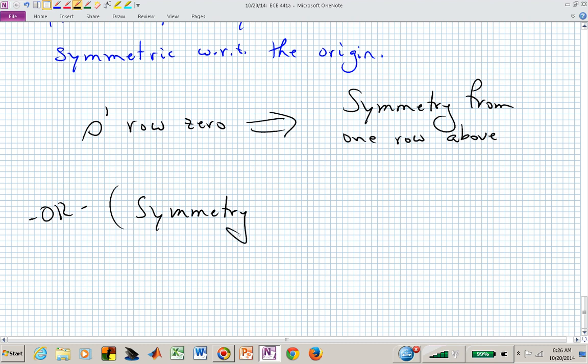So we have symmetry of 2 roots. That's the row that had the symmetry, and that's why we had an all-zero row in S1, because of the symmetry in the row above us.